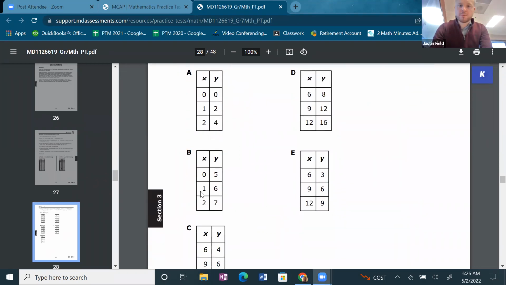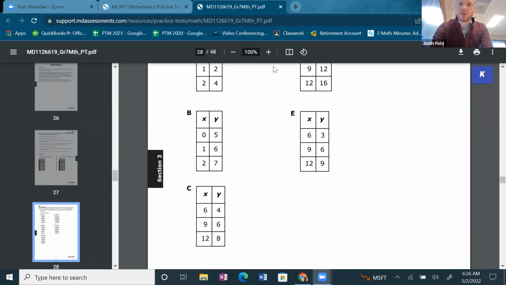All right, let's see about B, E, and C. Are they proportional relationships? Already we know that B is not, because it doesn't go through 0, 0. It goes through 0, 5. Bye. All right, how about E? 3 over 6, 6 over 9, 9 over 12.